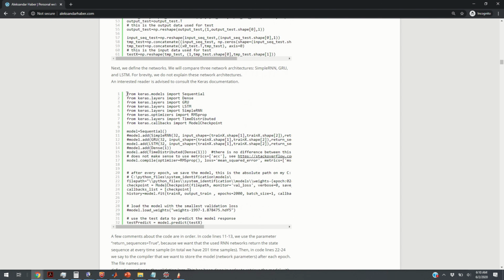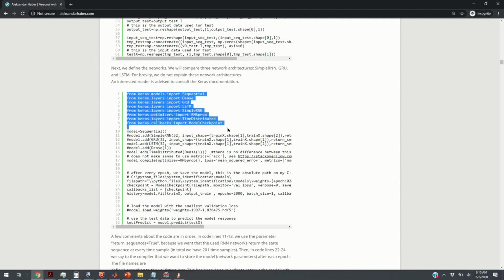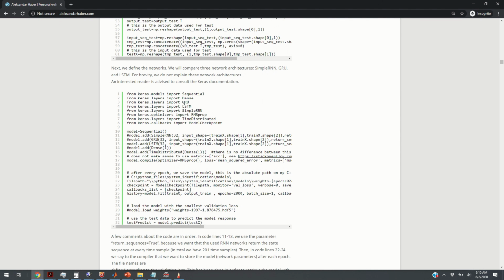Here we build the network. This is a standard Keras framework. We use the sequential method. We use dense layers. We use GRU, gated recurrent units.